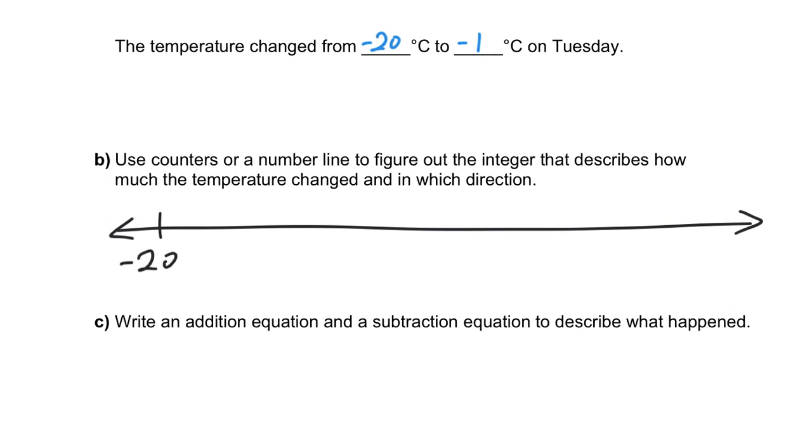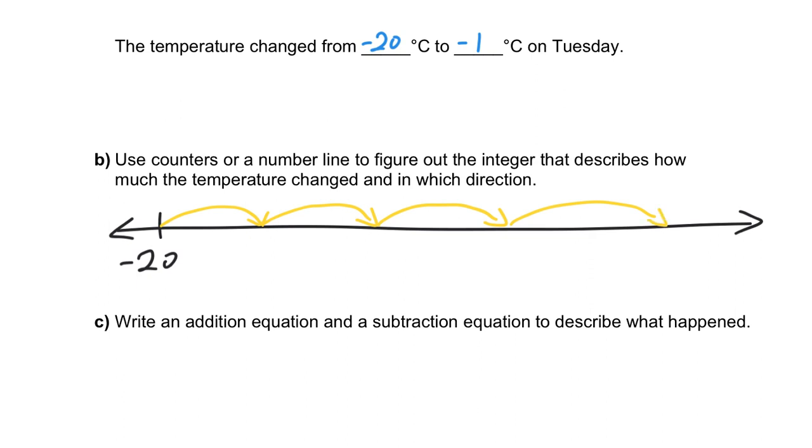Then I need to get to negative 1, which is going to be somewhere over here on the right-hand side. But first I'm going to jump by 5s to add things. I'll jump 5, that'll take me to negative 15, then negative 10, then negative 5.